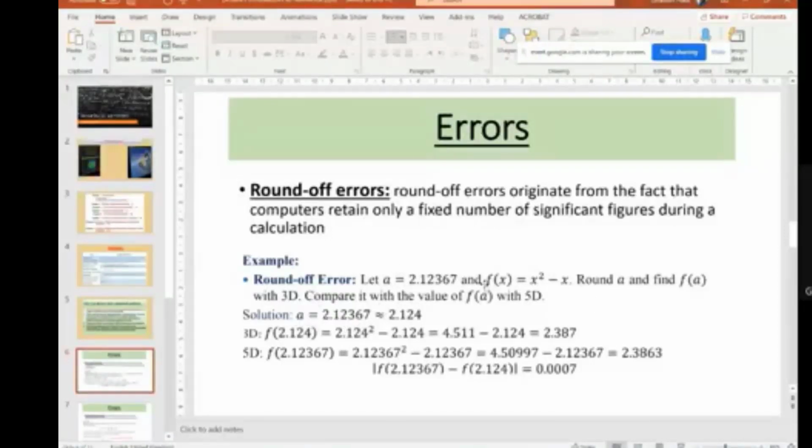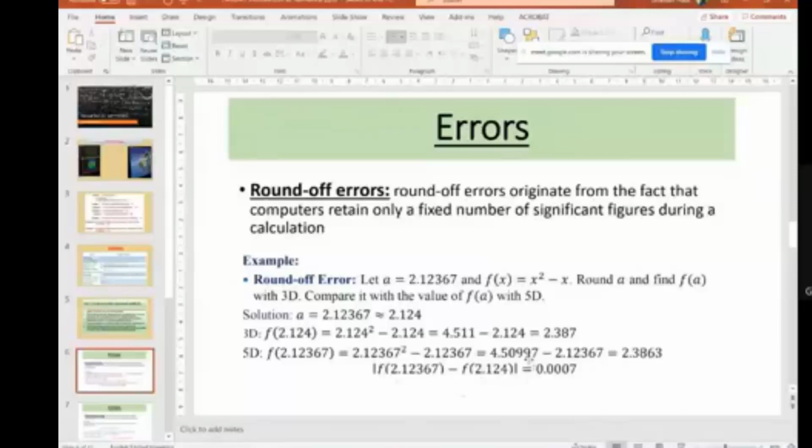For example, here we have f of x equals x squared minus x, and let x equal 2.1236. If we take this number as 2.124, we will get 2.387, and if we take 5 decimals after the point, we will get 2.38.